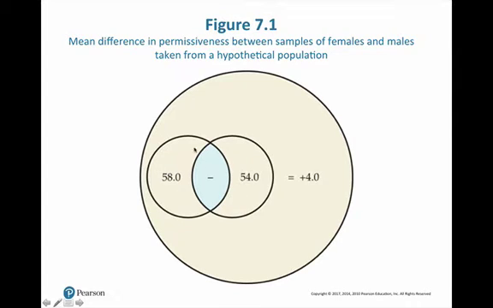So the average permissiveness score for this sample of women is 58, and the average permissiveness score that we observe from the men in this sample is 54. If I subtract the two averages, I get an average difference of 4.